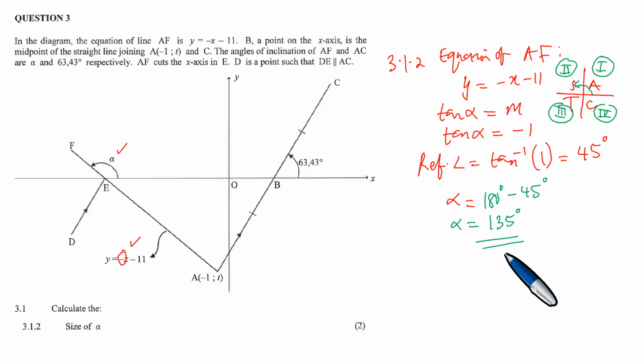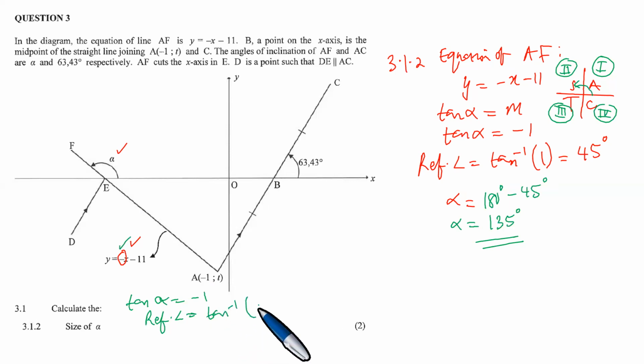It looks like the solution was a bit lengthy, but you can do the solution in short. We can see the gradient, so we just say the tan of this angle alpha is minus 1. Then we need the reference angle, so you can do it in three steps, because sometimes you can be stifled by the length of the solution.